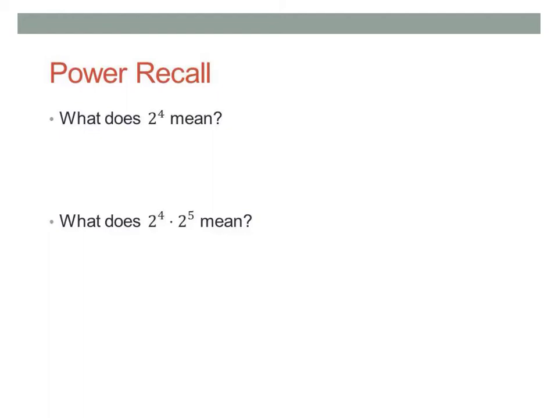All right, so this isn't exactly in your notes, but this will help us with our first property of exponents, is what does 2 to the 4th mean? So it means 2 times 2 times 2 times 2. Okay, base to an exponent, you take the base times itself as a factor that many times.